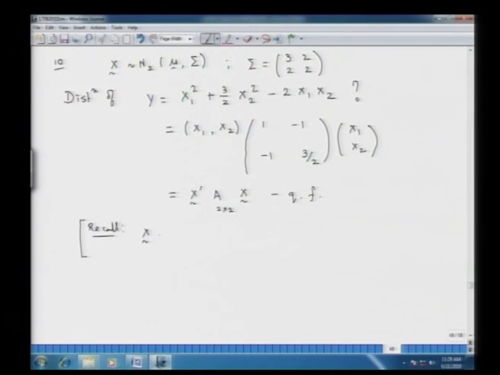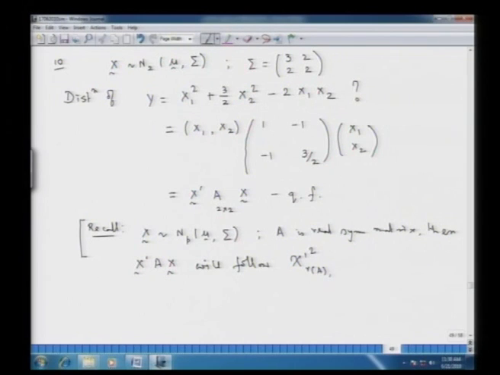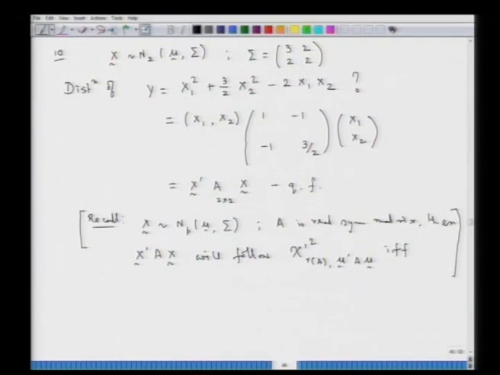If x follows a multivariate normal with a mean vector mu and a covariance matrix sigma, and if we have a real symmetric matrix A, then x transpose A x will follow a chi prime square with rank of A as its degrees of freedom and non-centrality parameter mu prime A mu, if and only if A sigma is idempotent. So this result can be used to solve this particular problem.